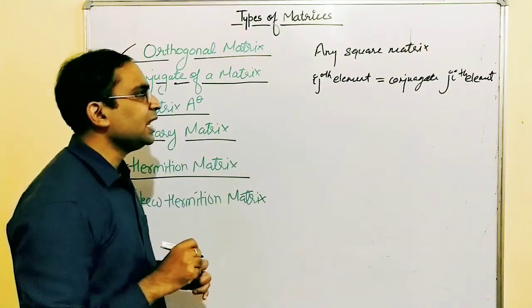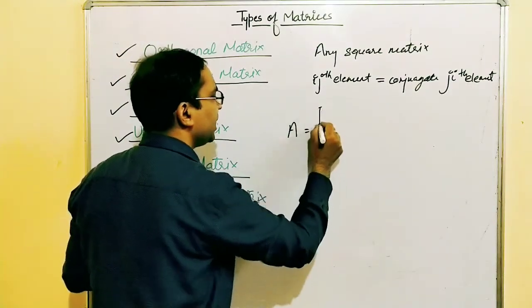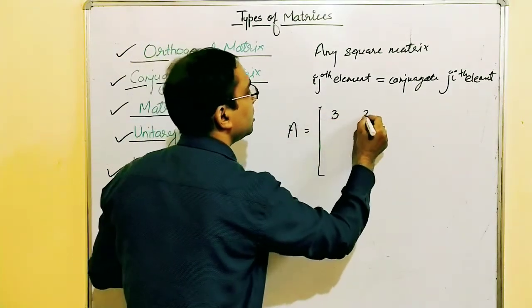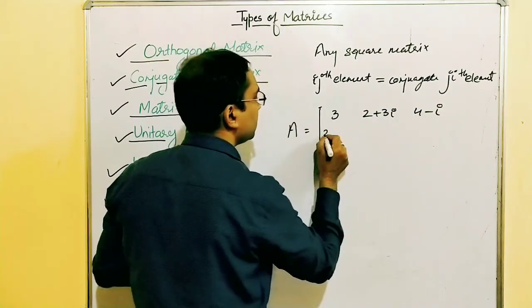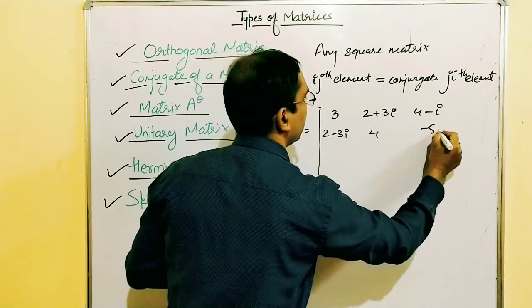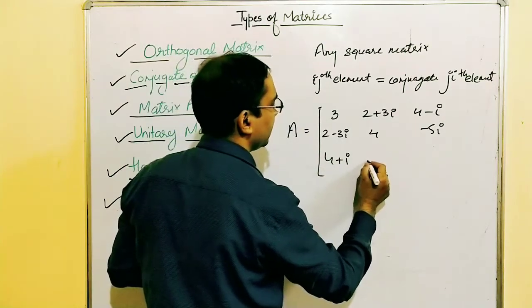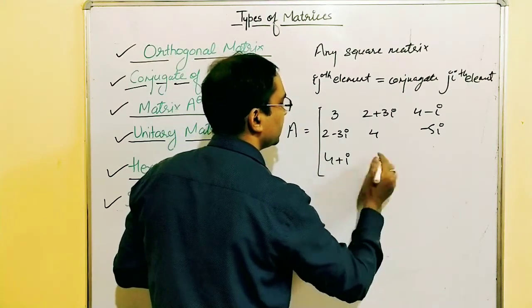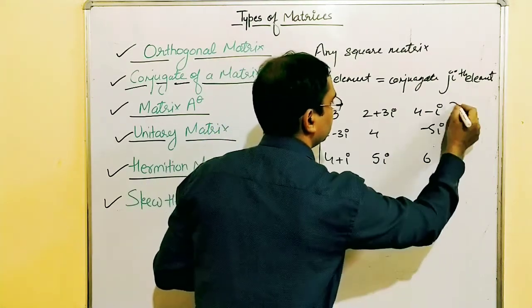Let's see this with the help of an example. So first of all, we need to have a square matrix. Let's say we have 3, 2 plus 3i, 4 minus i, 2 minus 3i, 4, minus 5i, 4 plus i, 5i, and 6.